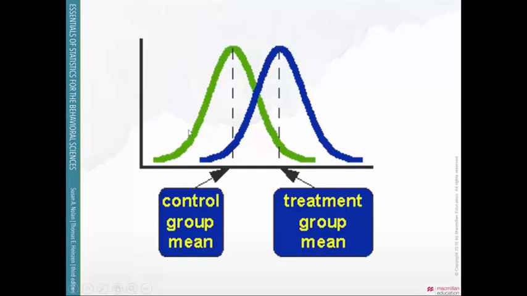Let's see, this green one is a little bit lower. So let's say this is the distribution of children whose parents are going through divorce. And here's their mean physical health score. And of course, there's variability. Not every child whose parents are going through divorce has the same physical health score, right? There's variability, but here's the mean.